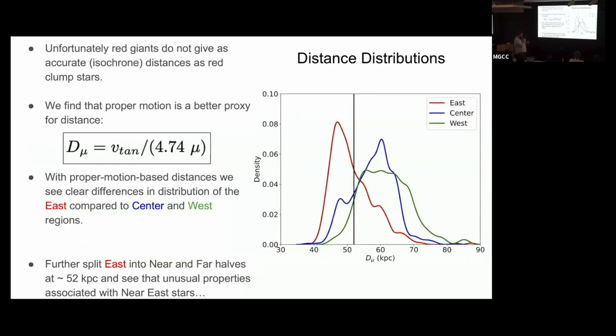With this, we found this distribution of the proper motion-based distance, where the center and the west share a similar distance distribution, and the eastern side shows a very peculiar distribution, different from the other regions of the SMC. So we decided to split this wing and to see later if this difference can also be traced in radial velocity and metallicity.